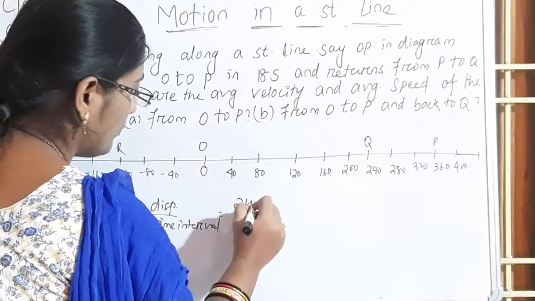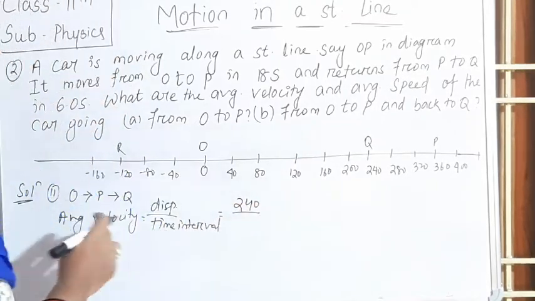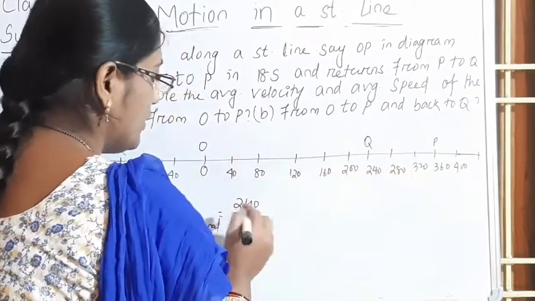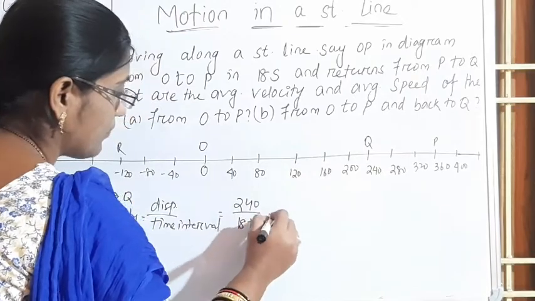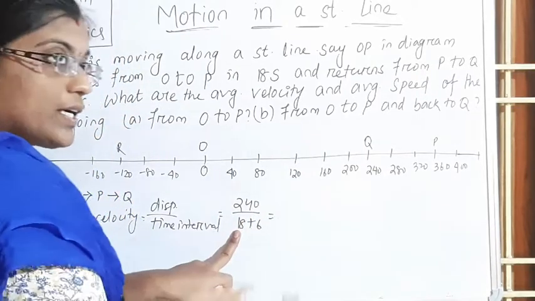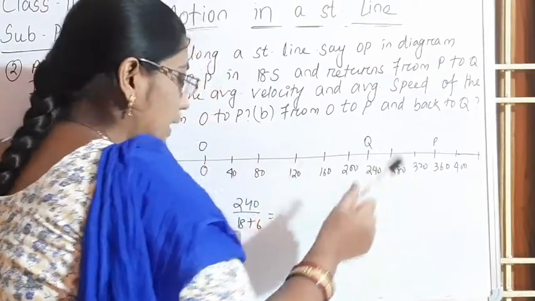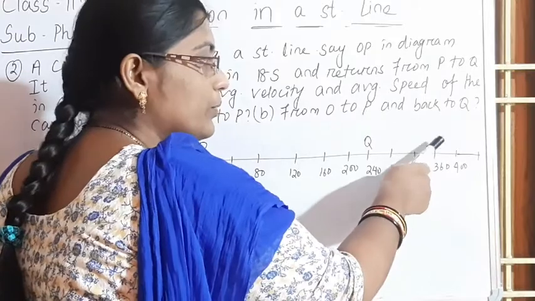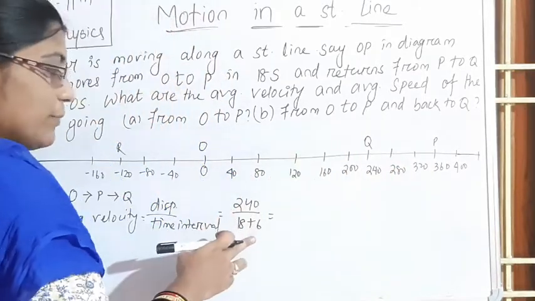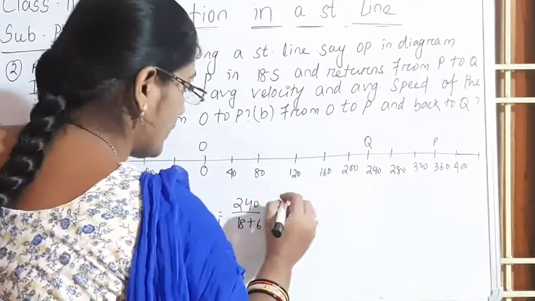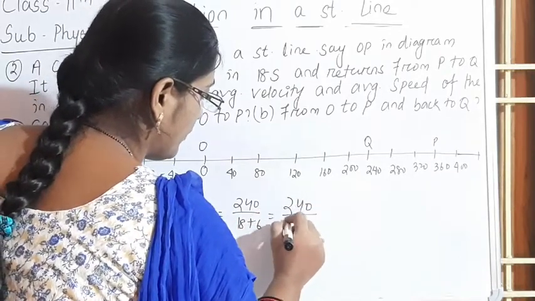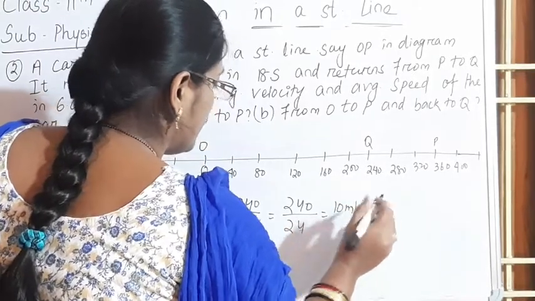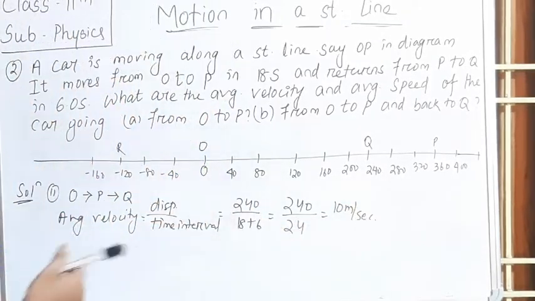So 240 by time, here the time is 18 and here 6. So 18 plus 6. 18 is the time taken by the car from O to P and 6 seconds is the time taken by the car to move from P to Q. So the total time interval is 18 plus 6, that is 24. 240 meter by 24 is equal to 10 meter per second. This is the average velocity for the second case.